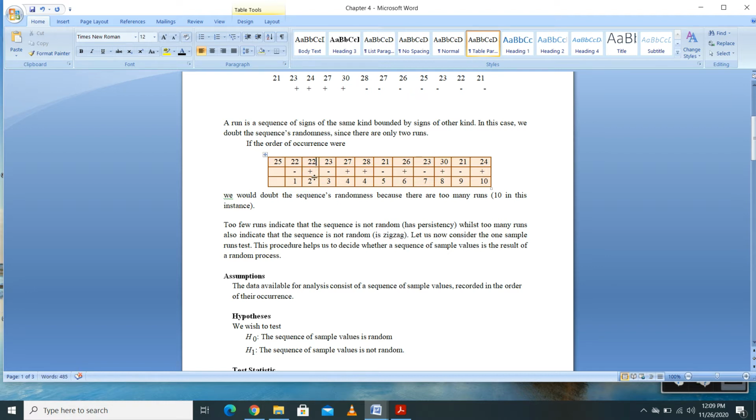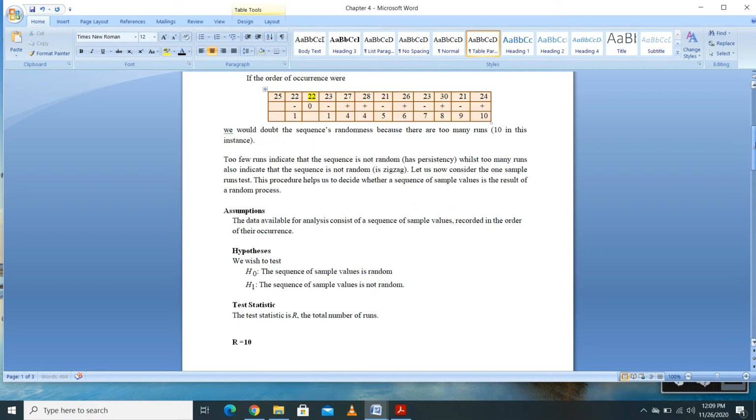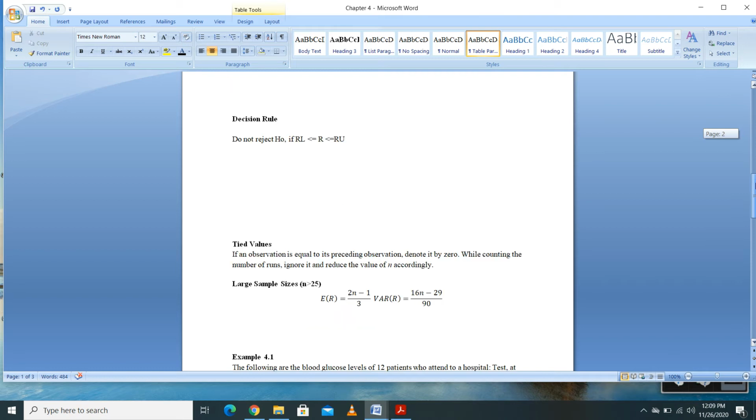So 22 is similar to 22. In this case, instead of a plus, you have to put 0 and then you have to omit this observation. If you omit this observation, what will happen here is, I will highlight, you have two negatives. So you have to take these two negatives as one run, right? So likewise, you can omit that data point and adjust your sample size accordingly if you have tied values.